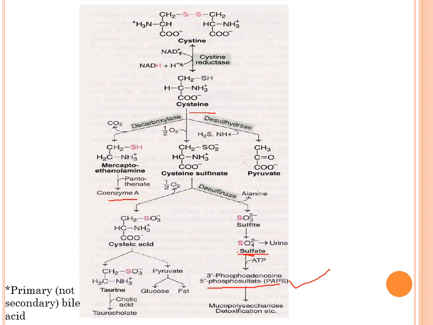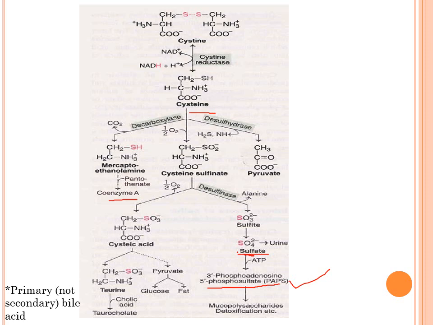Full form for PAPS is 3'-phosphoadenosine 5'-phosphosulfate, which is activated sulfate, which acts as a sulfur donor for a number of reactions in the body, for synthesis, for detoxification, for steroid synthesis, etc. So wherever you will require sulfur in the body, PAPS is going to act as a sulfur donor.